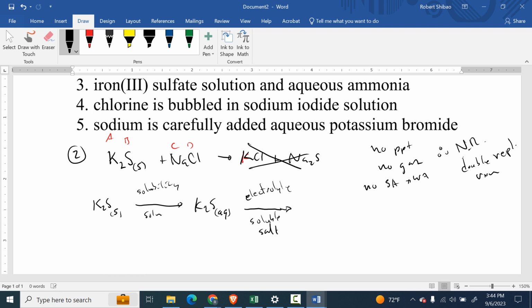All potassium salts are soluble, so we're going to break it up. It's going to go into 2 potassium ions plus the sulfide, S2 minus.